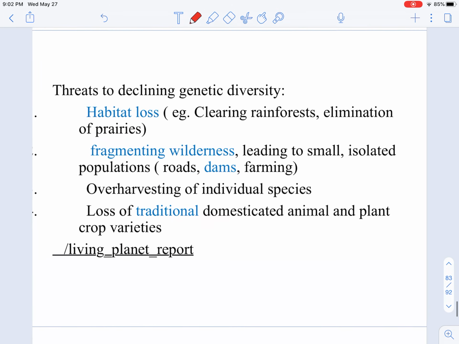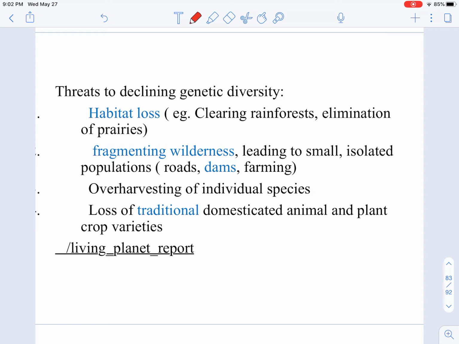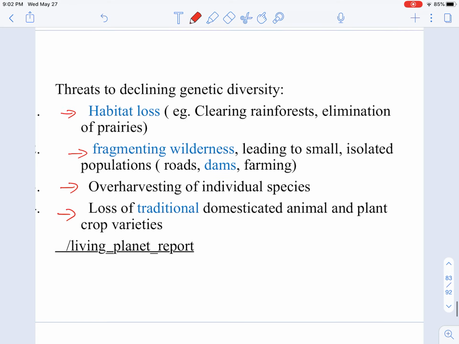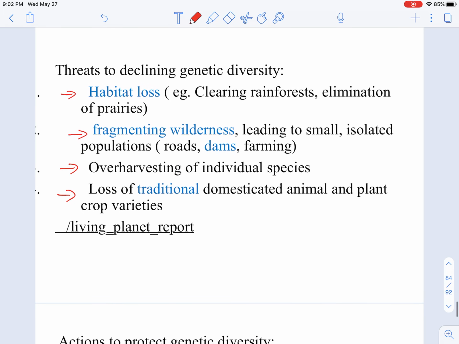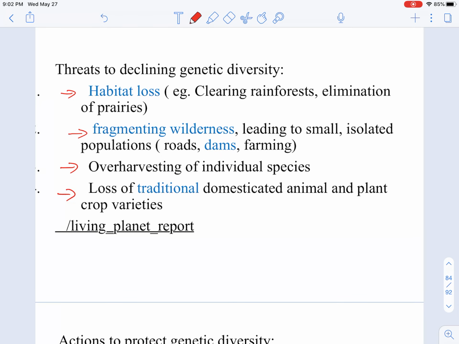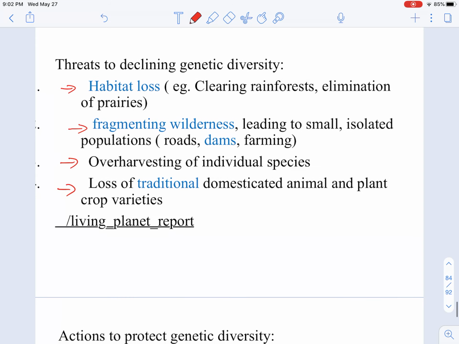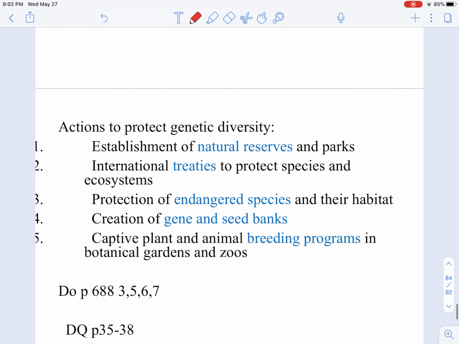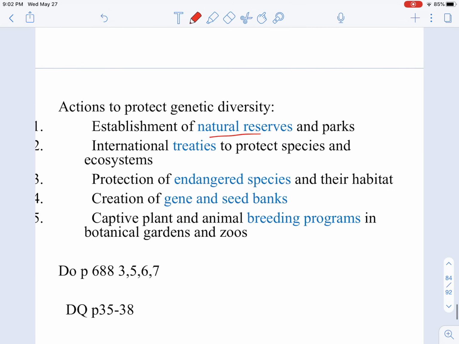That wraps up our topic. There are 2 last slides just talking about threats to declining diversity, things like habitat loss, fragmenting the wilderness, causing it to be in pieces because of roads going through it, for example. Over-harvesting could be overhunting, for example, or loss of traditional crop varieties, which is why we have seed banks that are trying to maintain that.